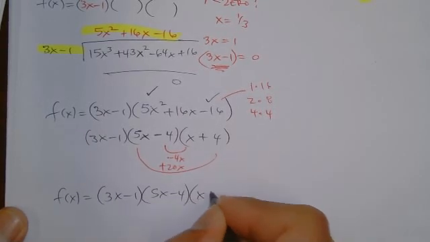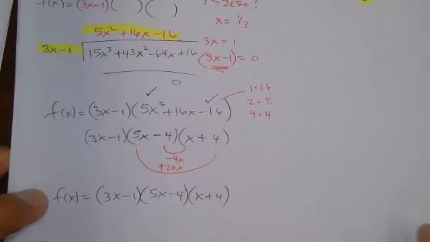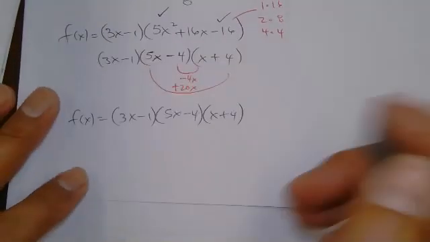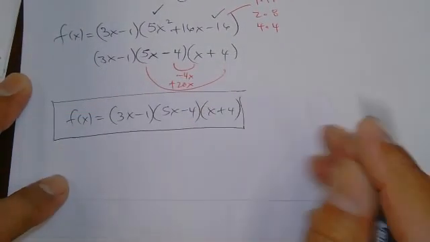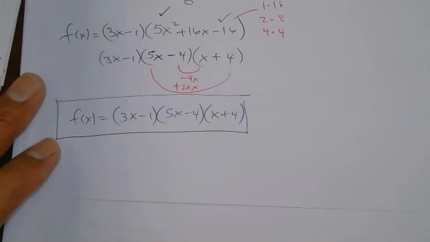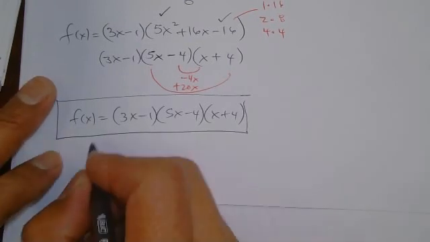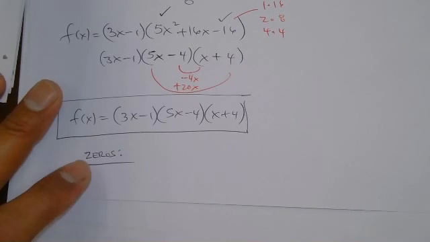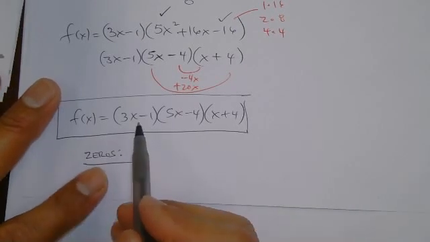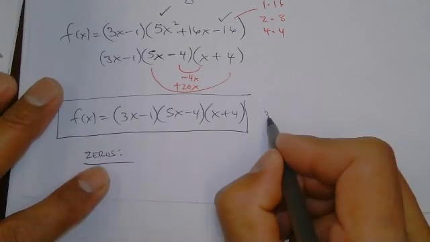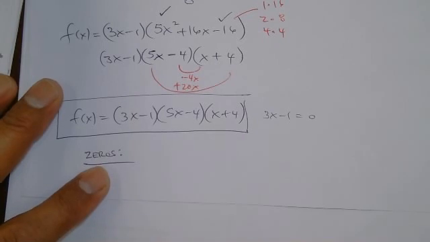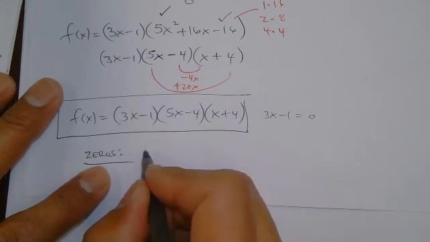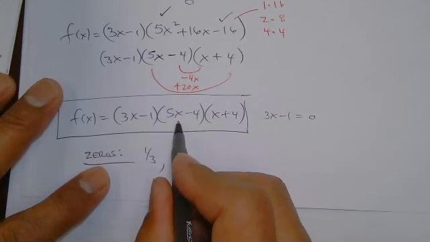All right, so this is the factored form. That's part 1, factor it out. And once you have them as factors, you can give me the zeros. Set 3x minus 1 equal to 0 and solve it.